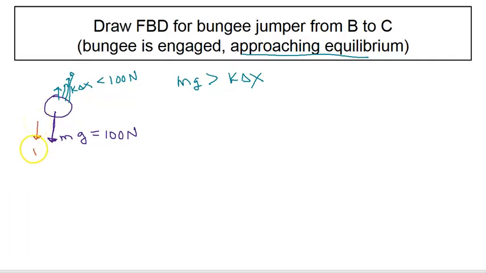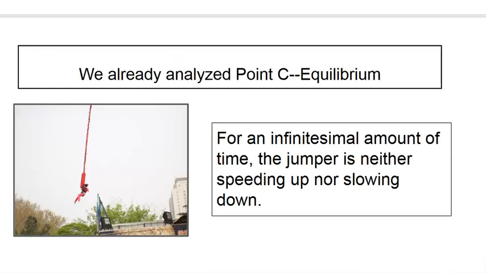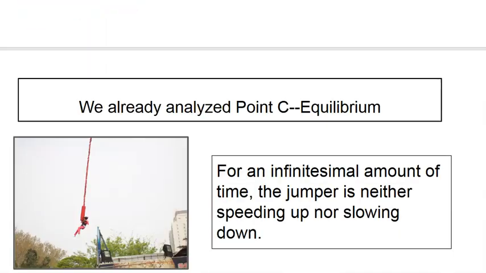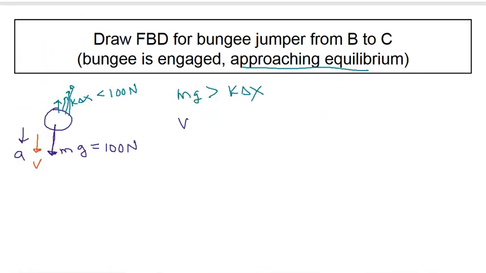So the person's velocity is down, and until they reach equilibrium, the net force is also down. V and A are going in the same direction, but the forces are getting closer and closer to balance.